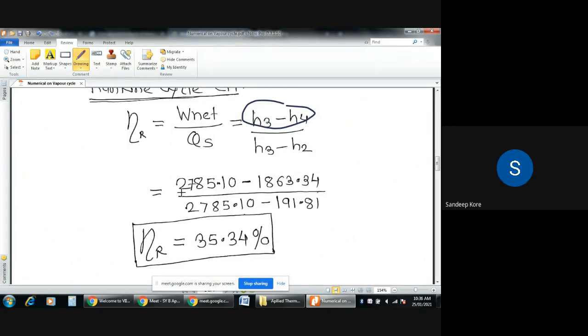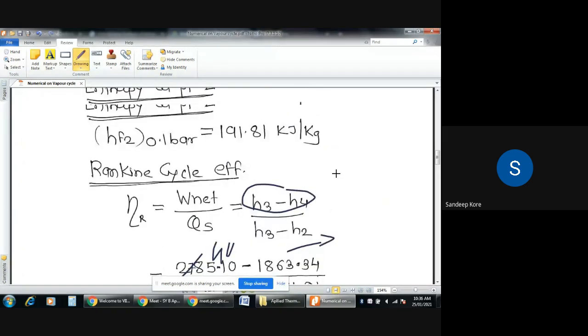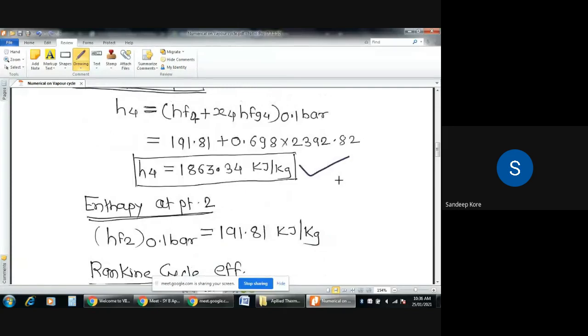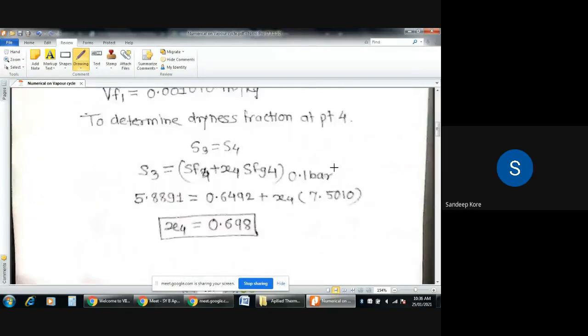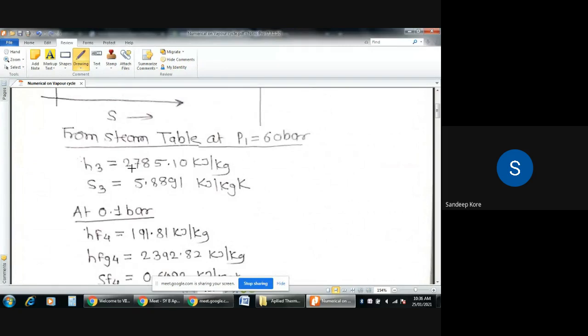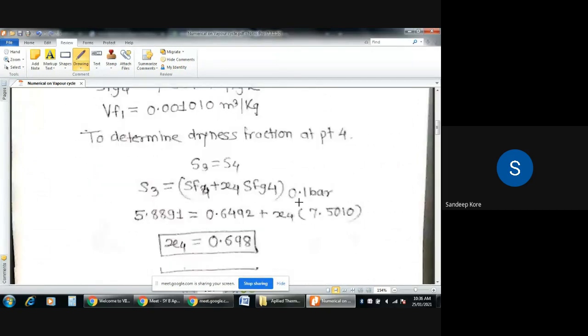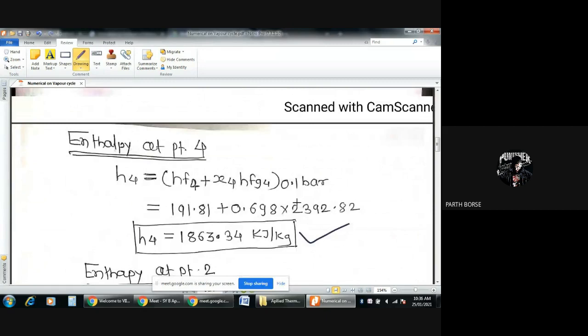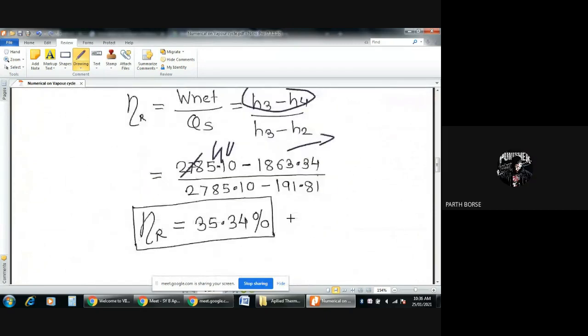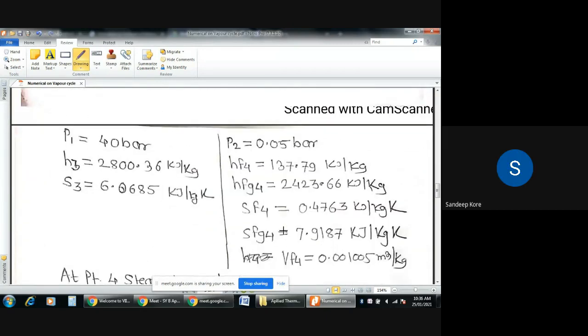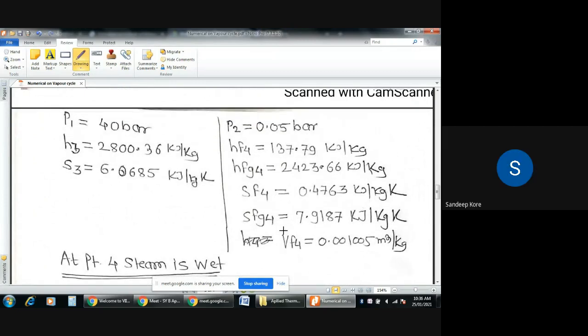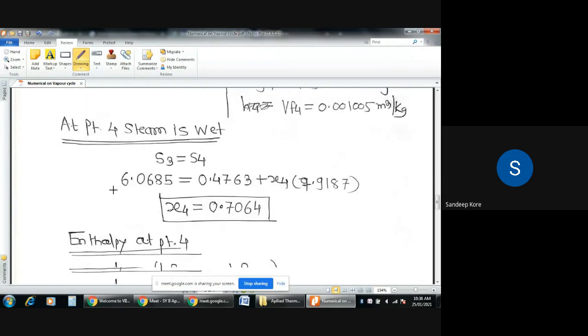In the earlier question, H3 is 2785, coming from 40 bar, and H4 that we calculated is 1863. This is a different question. In this case, H3 is 2800, and H4 we have to find out.